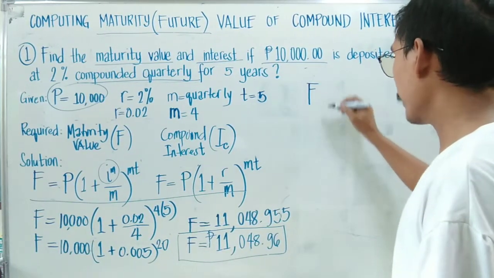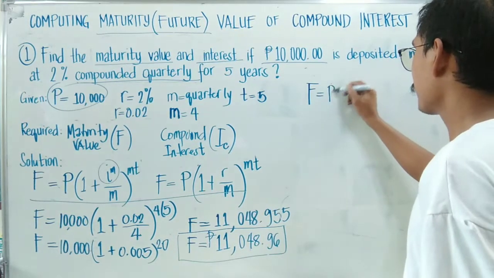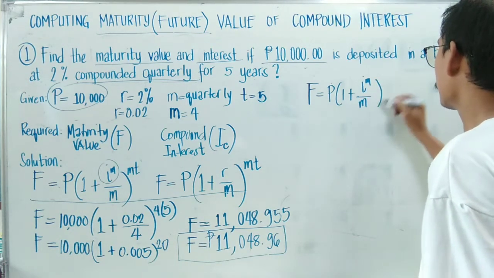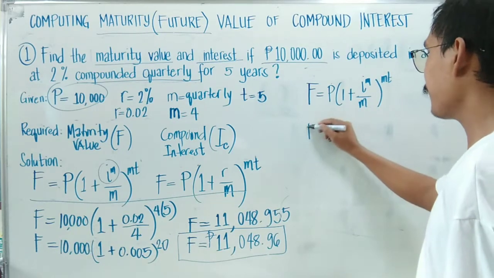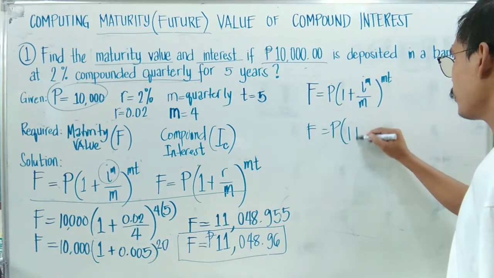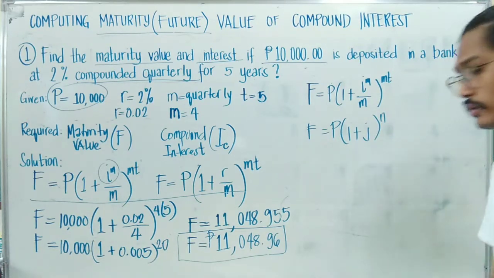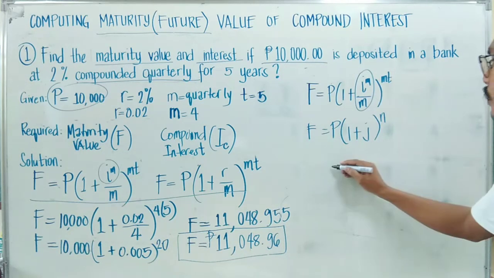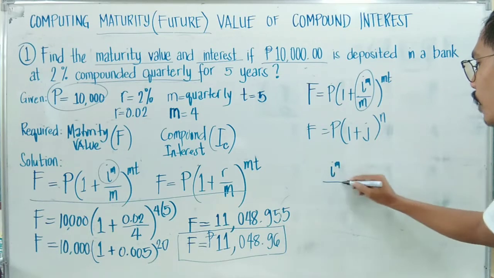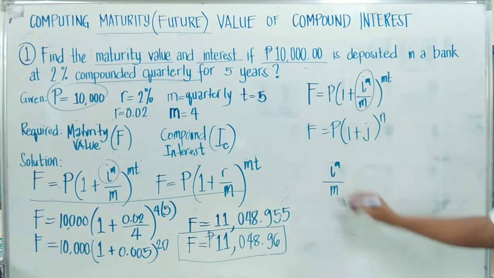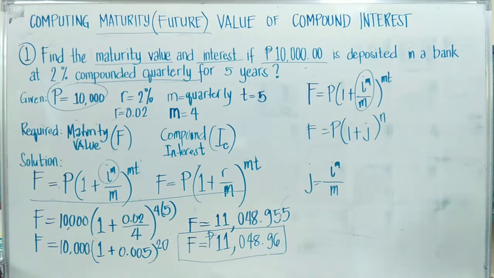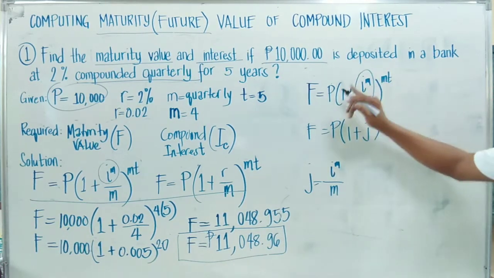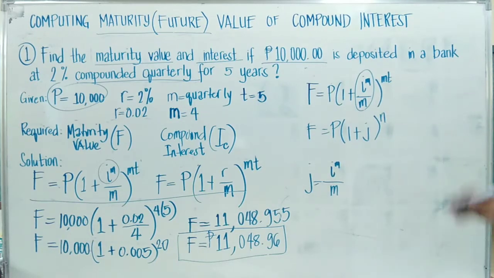Some of the books are using this formula: F equal to P times the quantity of 1 plus J raised to N. So if you can see, this I raised to m, the nominal rate divided by m, is equal to J. It's just like summarizing the equation to reduce the variables and make it more simple.